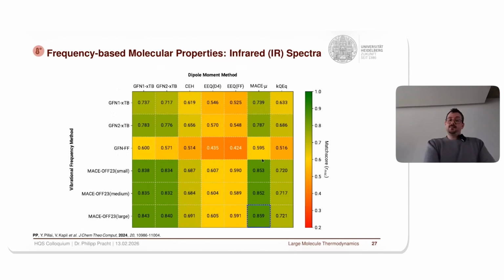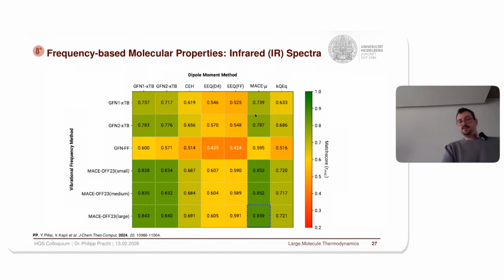And you can see here, the different machine learning models do outperform the semi-empirical methods at the cost of higher computation time, of course. And it seems to be a valid assumption that we can combine the dipole moment from another calculation than the frequencies coming from the first one.